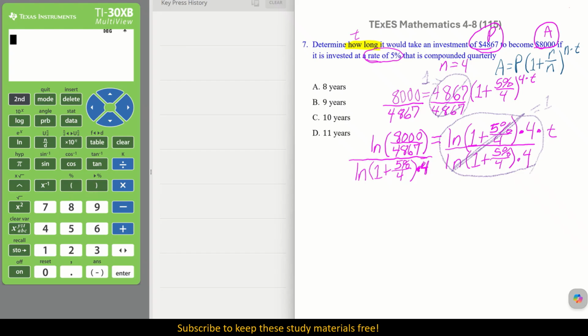So now that's my right hand side. On the left hand side, that's actually what we want to put in the calculator. I know that t, my time in years, is going to be some estimate.